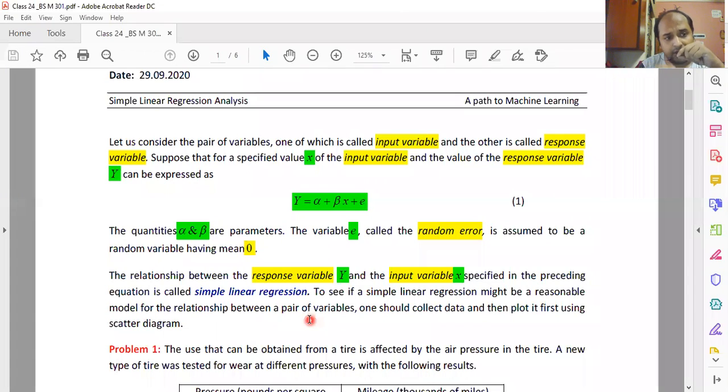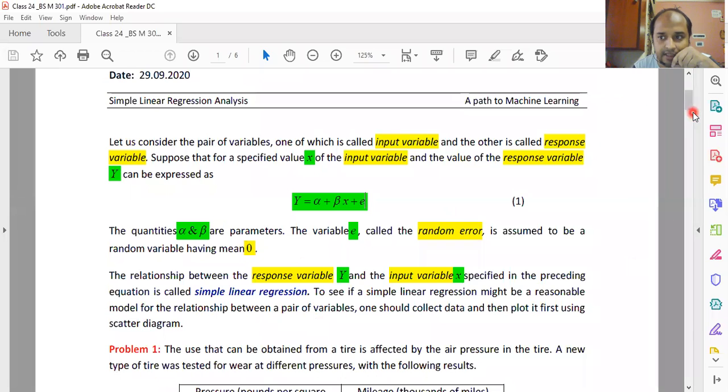To distinguish the regression analysis which I'm going to study now from the one which I'm not going to study, they have used the term simple. So that's why it is called simple linear regression, just to distinguish it from multiple linear regression. Okay, let us now come to the point: what is regression and how to analyze it.